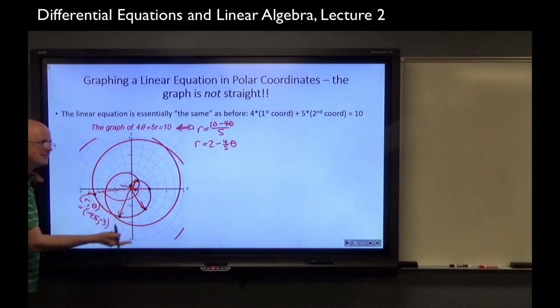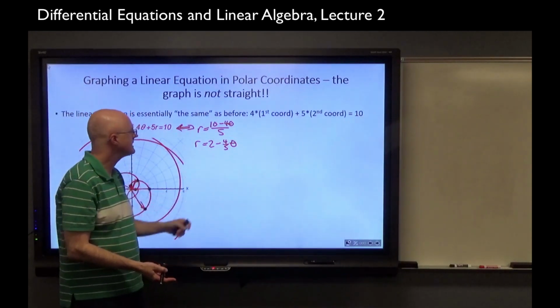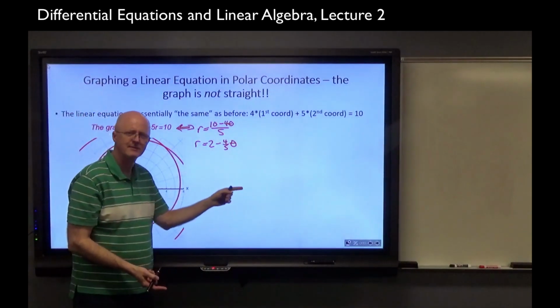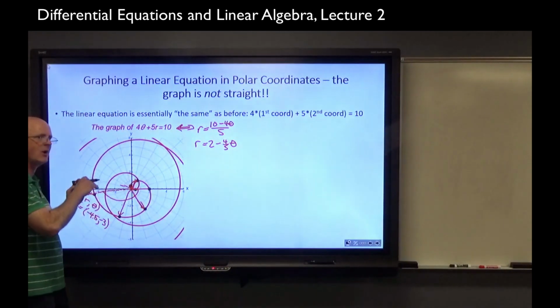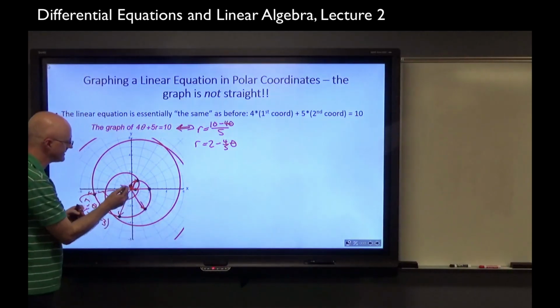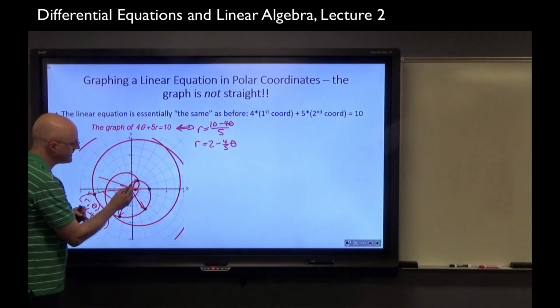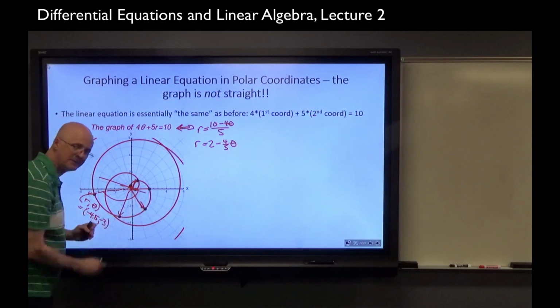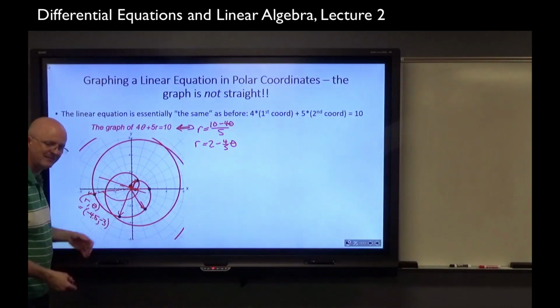However, r becomes negative when theta is 3. You get 2 minus 12/5, which is negative. So when r is negative, you have to go in the opposite direction of the rays. The ray at an angle of 3 radians goes out this way. But since r is negative, you need to go along the opposite ray. Okay? So that's a real quick summary of some basics of polar coordinates.